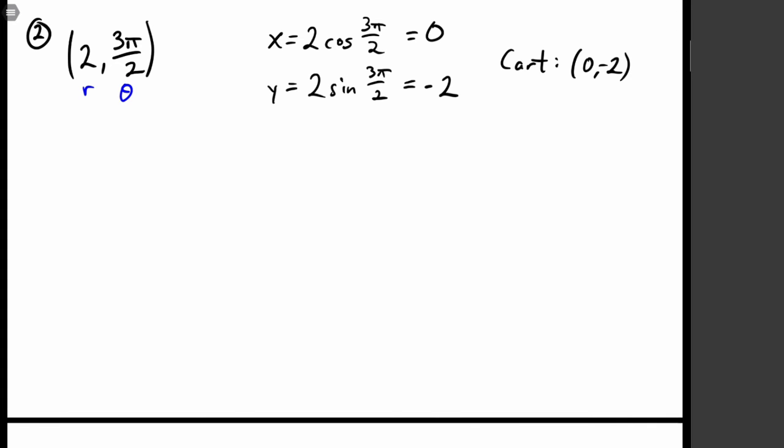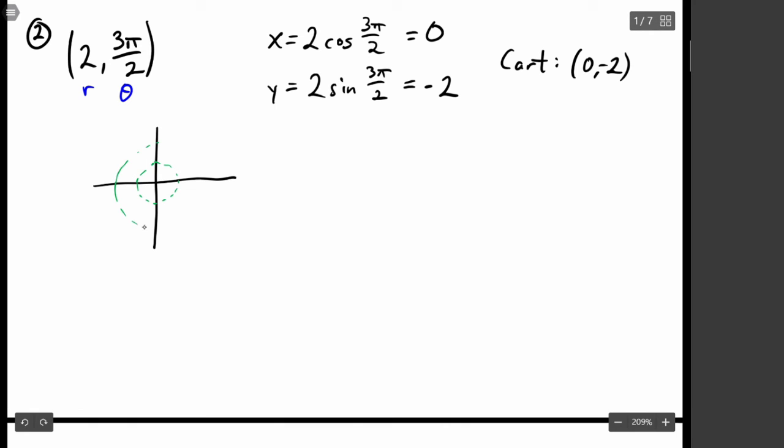Now, you can always double check that this makes sense. The way you can plot polar coordinates like this is to imagine drawing polar graph paper on it. Say this is a circle of radius 1, this is a circle of radius 2, so we're going to be on that second circle.